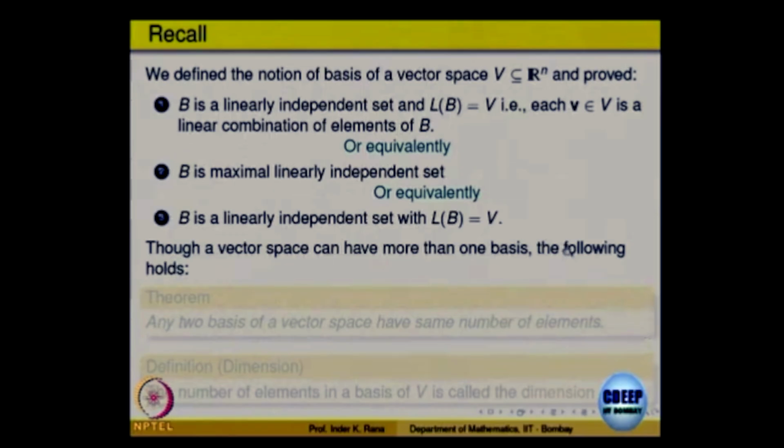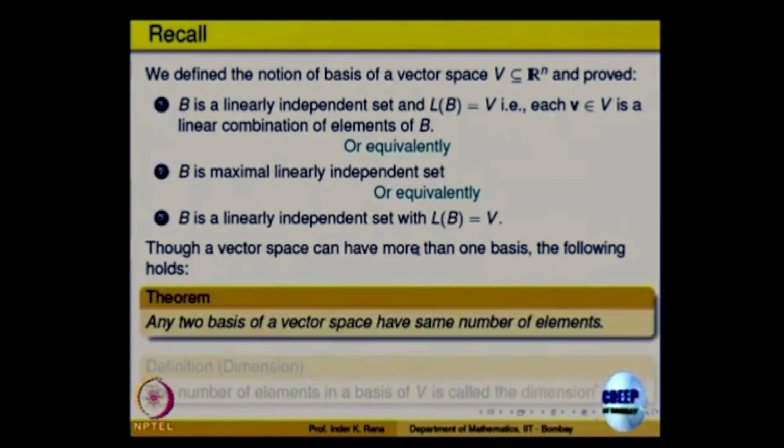So you can replace the condition that it spans by the maximal property, and it is equivalent to saying it is a linearly independent set such that LB of that is the same as the earlier one, or it is a minimal set of generators. That is another property that we proved last time.